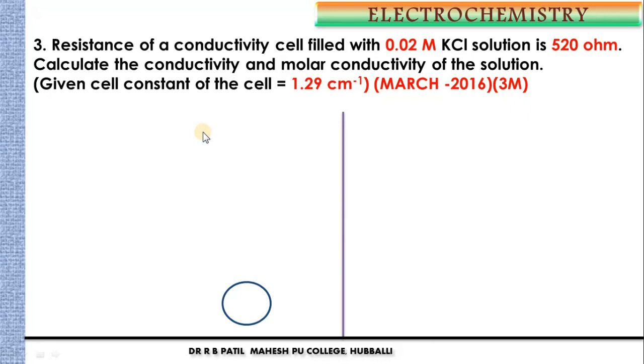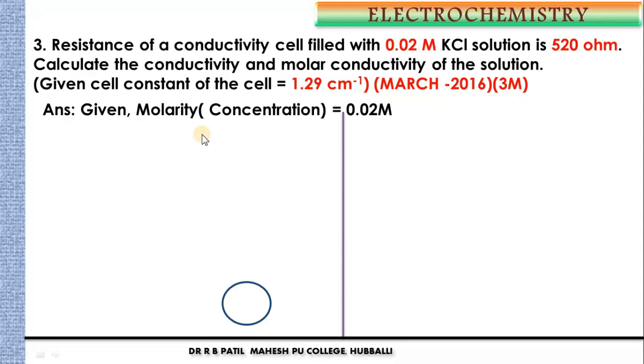Okay, let us write down whatever they have given. So here they have given three things. One is the molar concentration, and they have given resistance, and even they have given the cell constant. So the molarity of the solution is 0.02 molar, resistance is 520 ohm, and cell constant is 1.29 centimeter inverse.